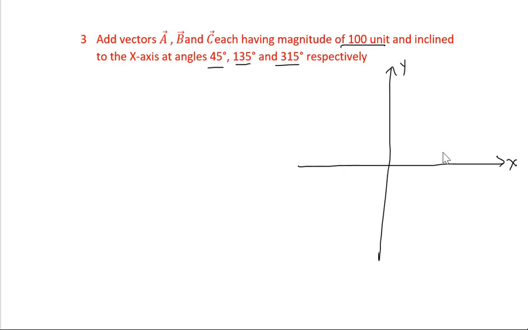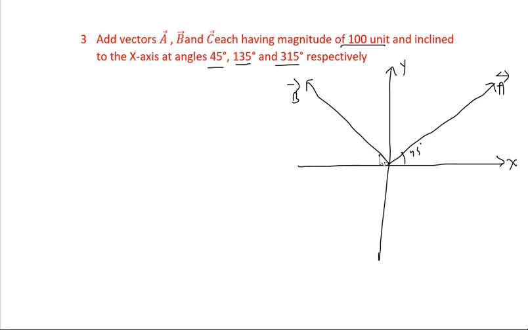this is x-axis. So let this be a vector which makes 45 degree. Now 135 degree. Let this be our b vector.